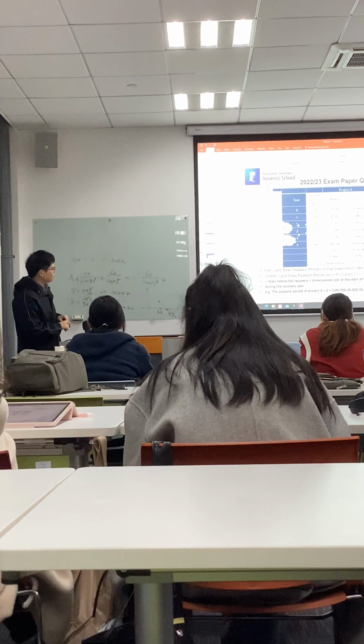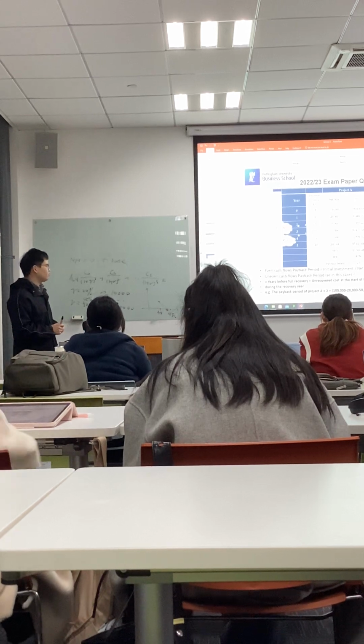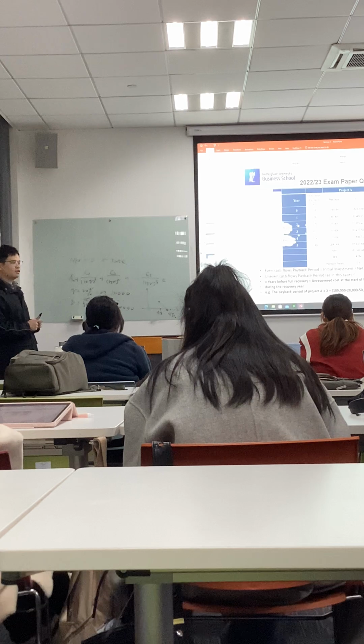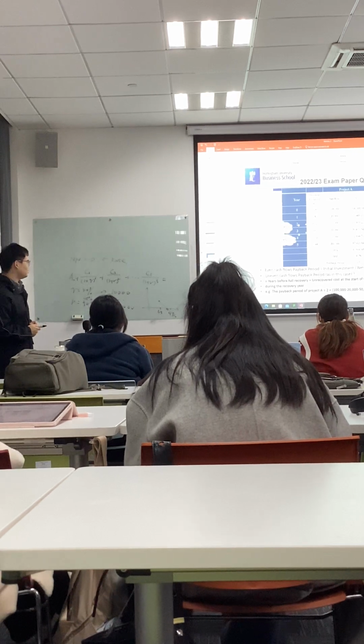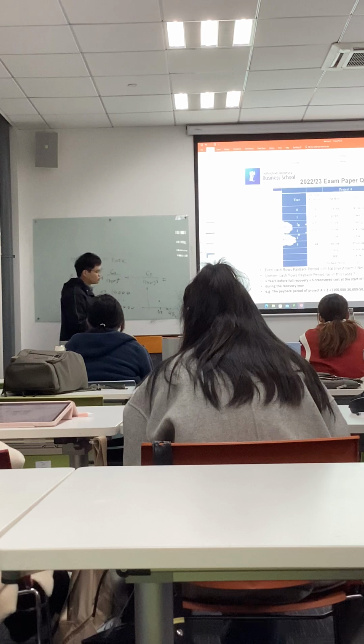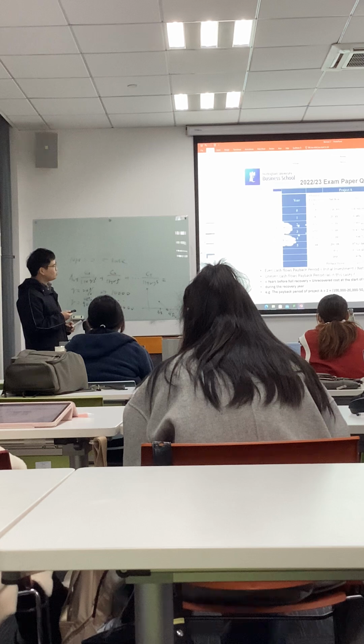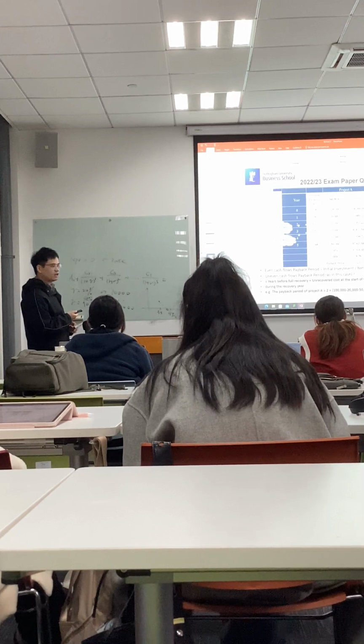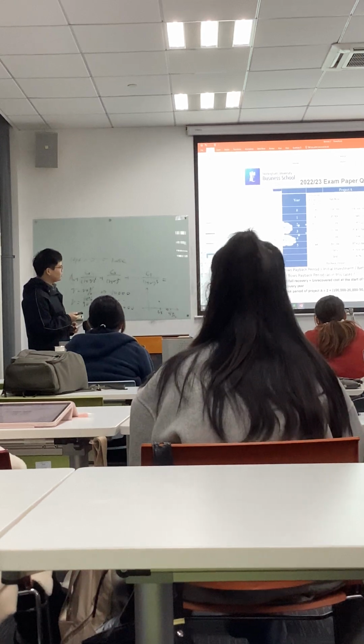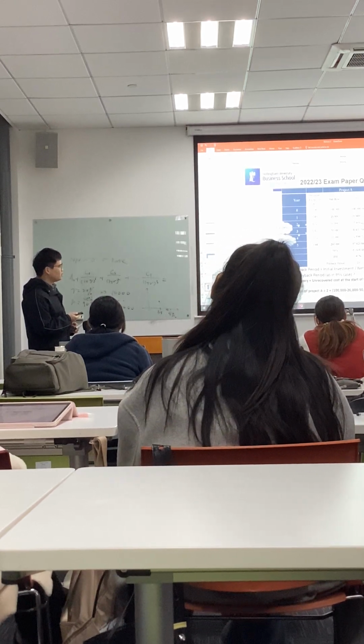And the third question is to calculate the payback period, right? So it's quite easy. For the first project, in the first year we can have a cash flow of 20K, and in the second year we have 50K. So after 2 years, we still need to earn 30K more to cover the initial investment, right? So how many more years do we need? We use this 30K divided by the cash flow of the third year.